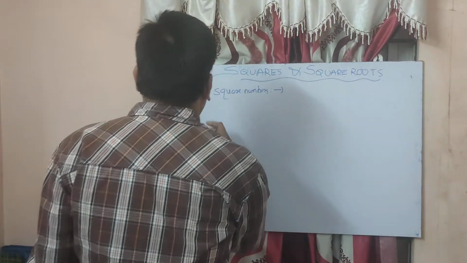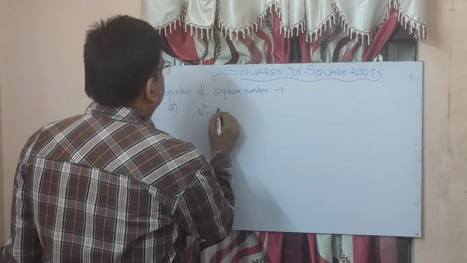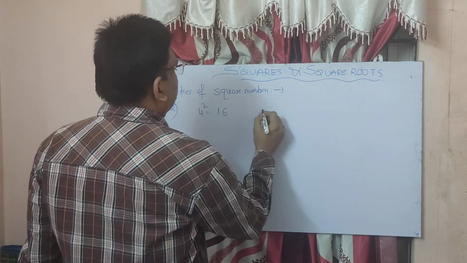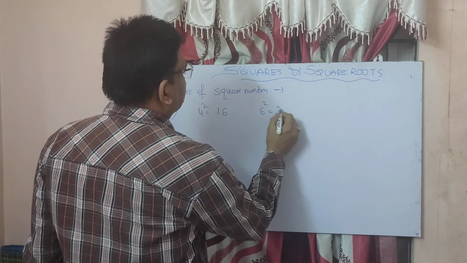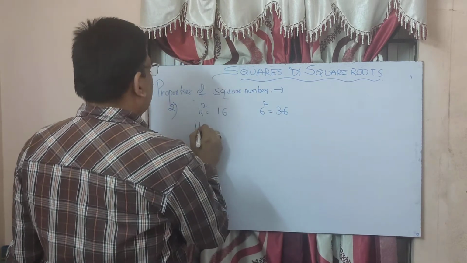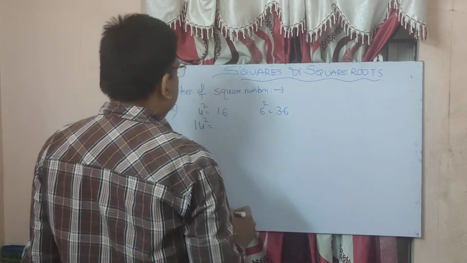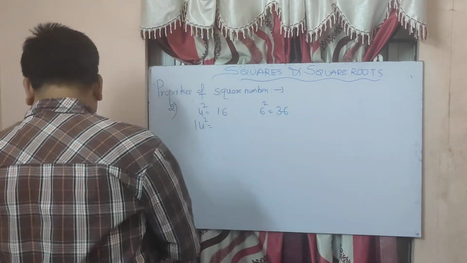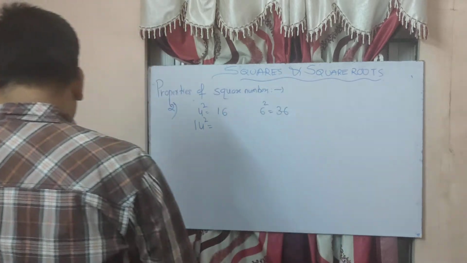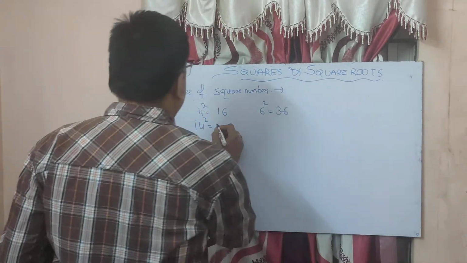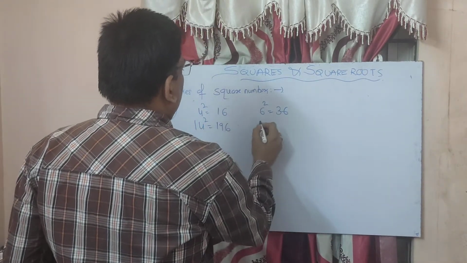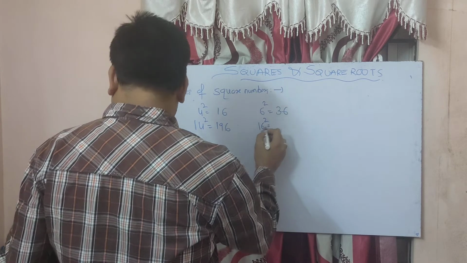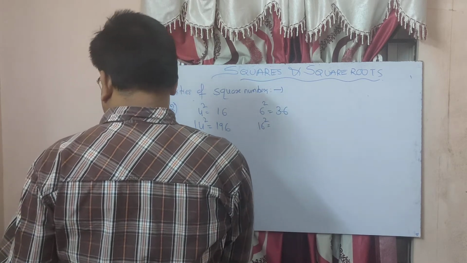For example, what is 4 square? 16. What is 6 square? 36. What is 14 square? 196. What is 16 square? 256.